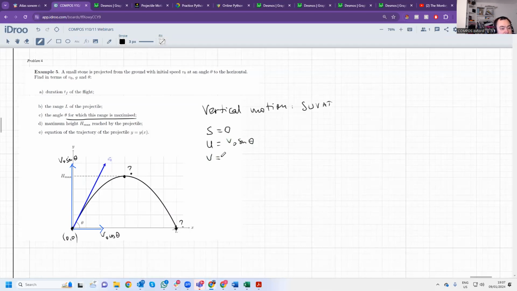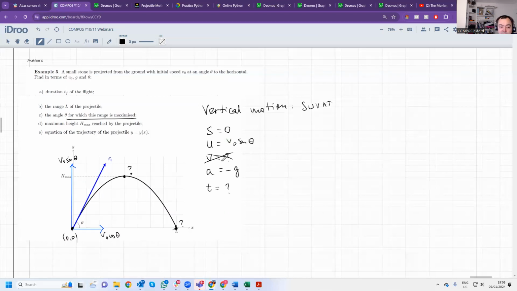Final velocity, we don't know. We don't really need to know. Acceleration is minus g, and time, well, time is what we need to find.